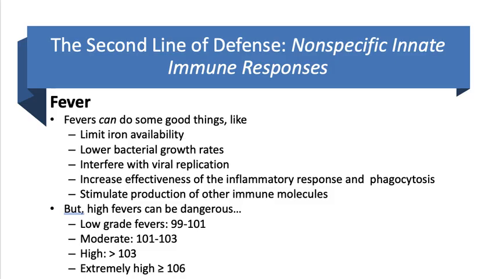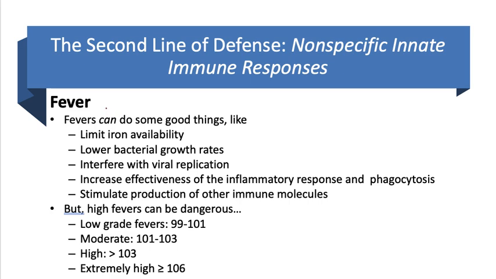Our last second-line defense mechanism that I'd like to talk about is fever. So fever is our third example, and fever is an elevated body temperature. A temperature above 98.6 is usually considered a fever. 98.6 tends to be the normal body temperature.